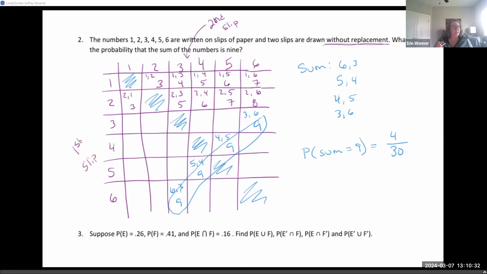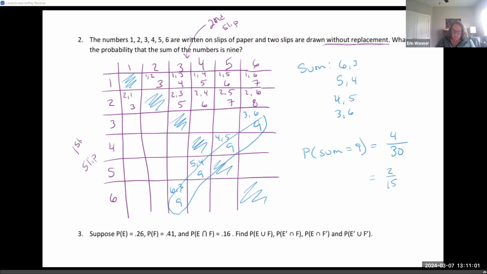I recognize that there are sums that are repeated, but we're saying that these are unique in the sense that we're looking at the order that we're drawing the pieces of paper. So the probability that the sum is 9 is 4 out of 30, which we want to reduce to 2/15. And then some of your homework problems will ask you to convert these to decimals. I'm fine with leaving it as a fraction.